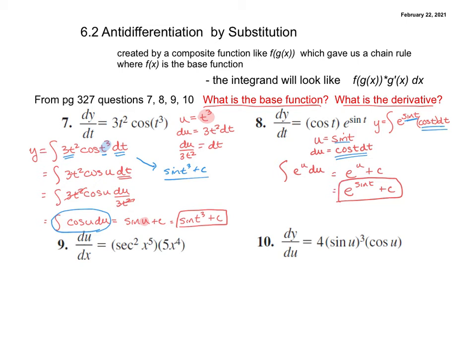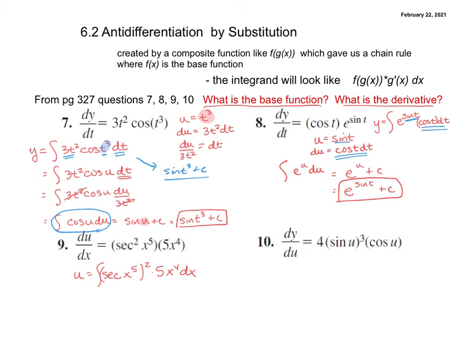So the next problem, we have du dx equals secant squared of x to the 5th times 5x to the 4th. So that means that u is going to equal the integral of the secant of x to the 5th quantity squared times 5x to the 4th dx.